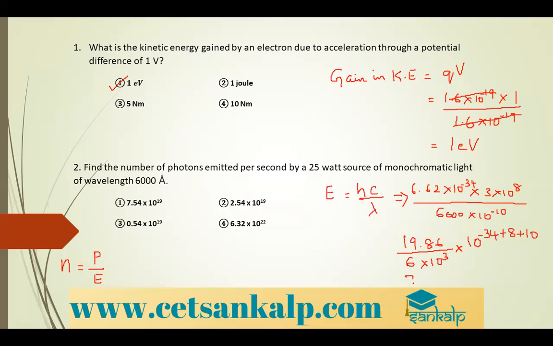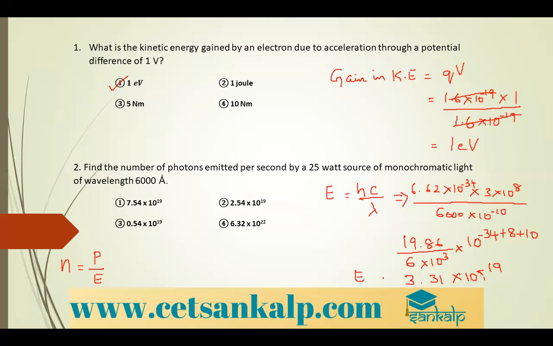So it is 3.31 into 10 to the power minus 34 plus 8, which is minus 26. It is minus 16. Again 10 to the power plus 3, going up becomes minus 3. So it is 10 to the power minus 19 only.